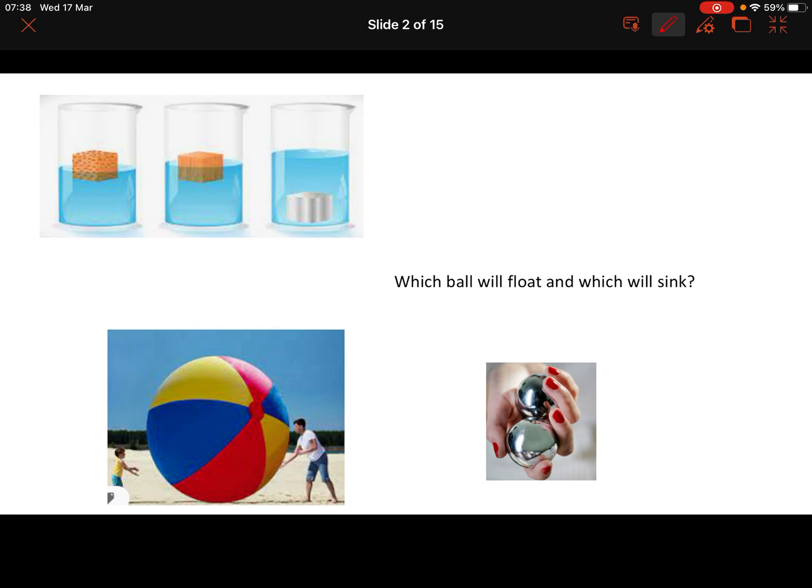It helps us understand whether things will float on water or not, for example. Here you can see a sponge, and that has less density than water, so it will float. A block of wood has roughly the same density as water, so it bobs at the top of the water. It doesn't sink, but it also doesn't stay right at the top.